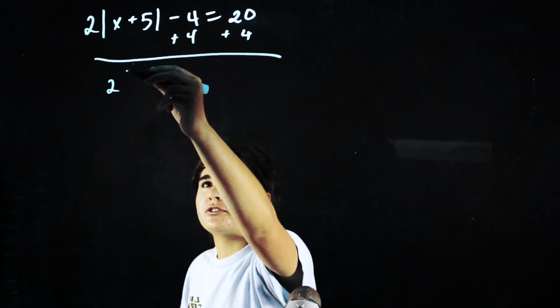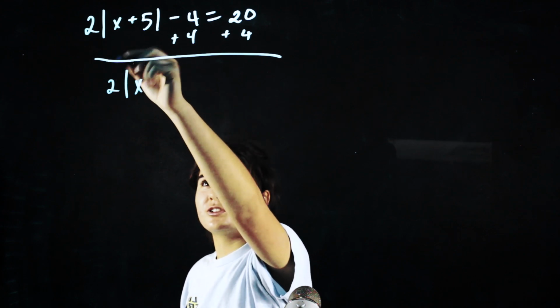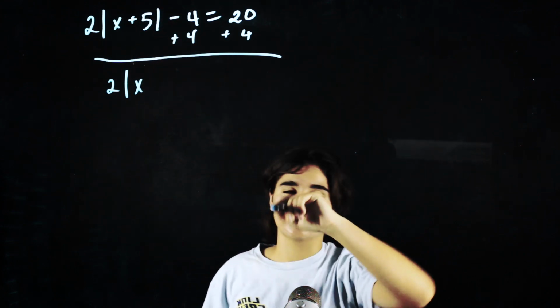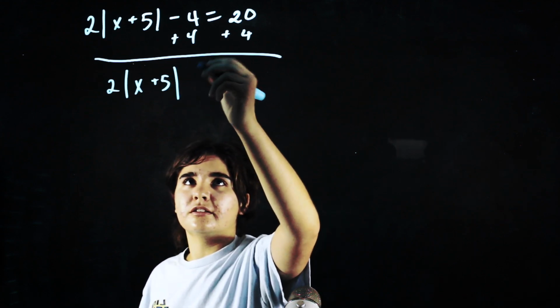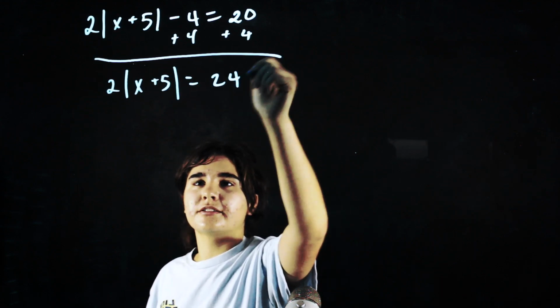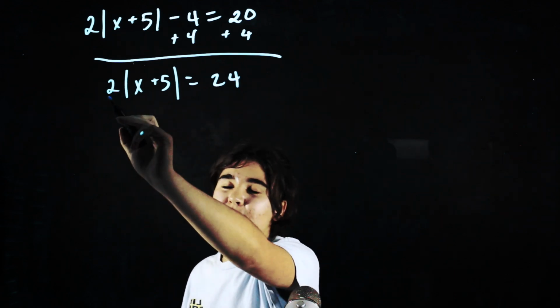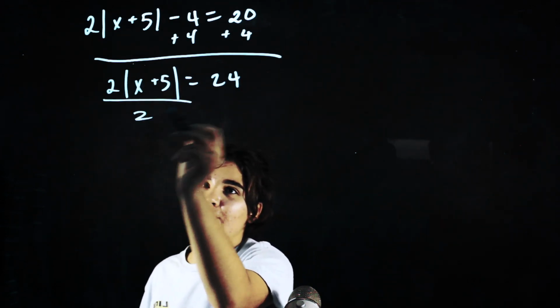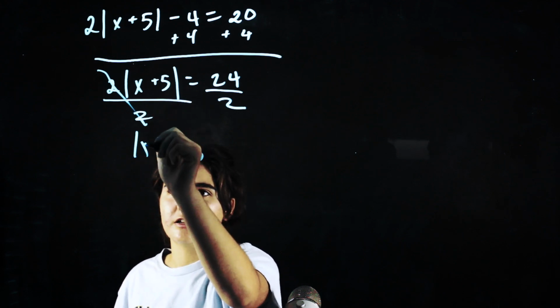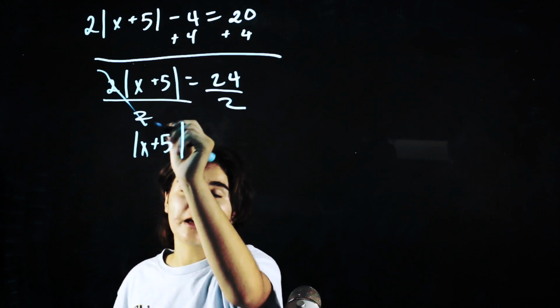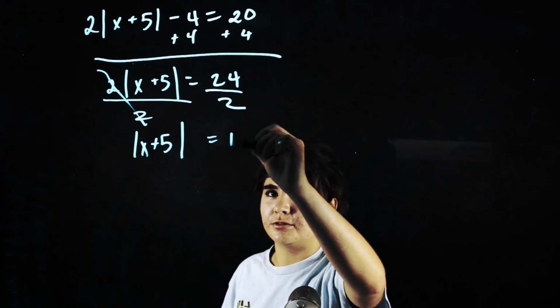This is going to get us to 2. Oh, and this 2 right next to the absolute value just means it's multiplying the absolute value. So because this is multiplying that, you can divide on both sides, do the inverse operation, so that cancels out. And we get the absolute value of x plus 5 is equal to 12.